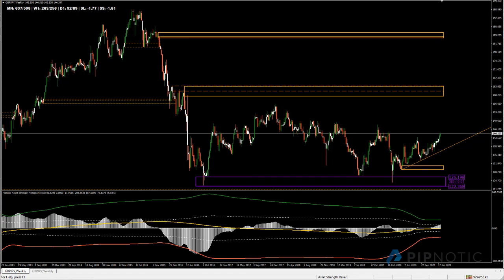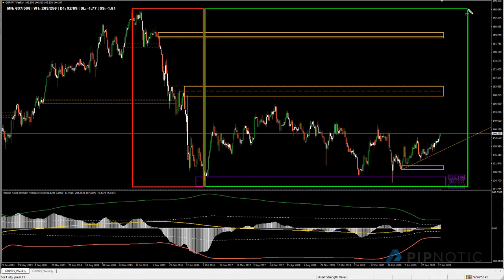Color on the red, this is the sell side, here's the high, here's the low. The buy side is from the low to the high. Okay, so looking at this on the weekly chart, what are we allowed to do? Are we allowed to buy, or are we allowed to sell, staying in line with the weekly and the monthly flows? Well, according to this, we're only allowed to buy.